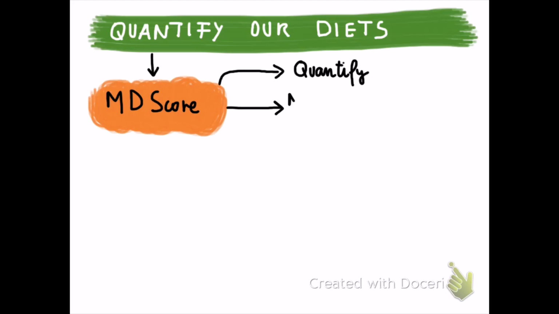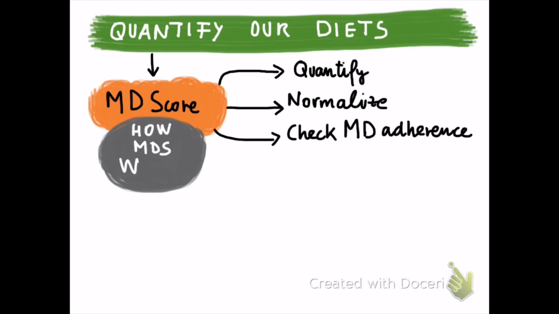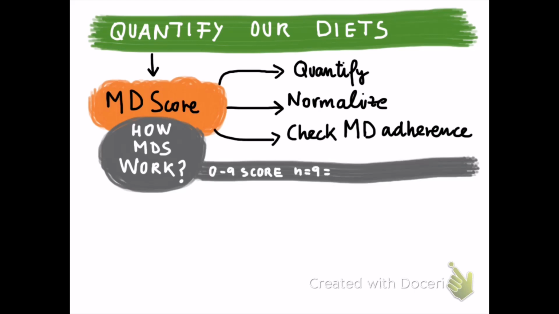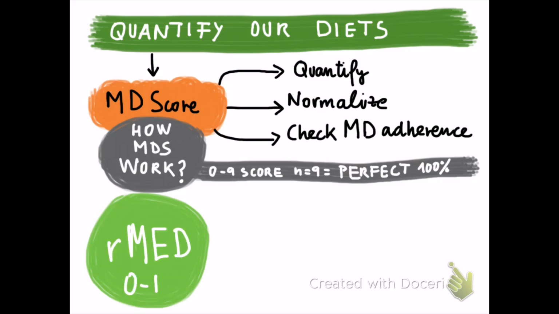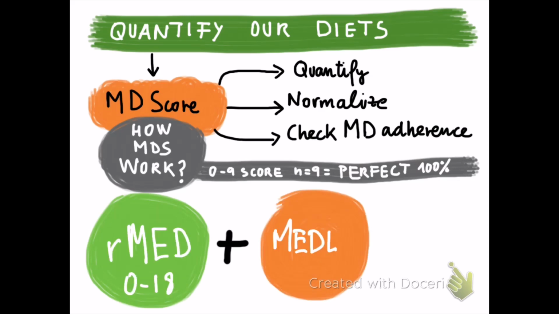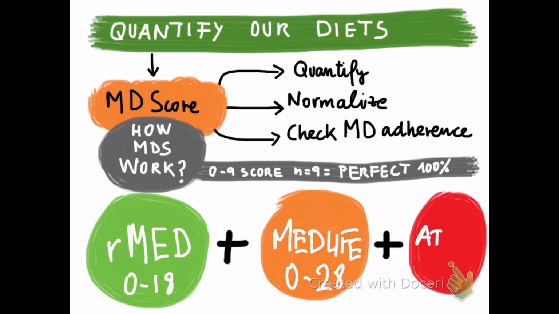It is a mathematical element that allows us to quantify, normalize, and check the adherence to the Mediterranean diet of a personal diet. This score gives us points depending on the food present in the diet. The first was the MDS, from 0 to 9, but there are different types of MD score. Others are the ARMED, MedLife, which includes lifestyle in its calculation, and Attica, which only contains nutritional elements.